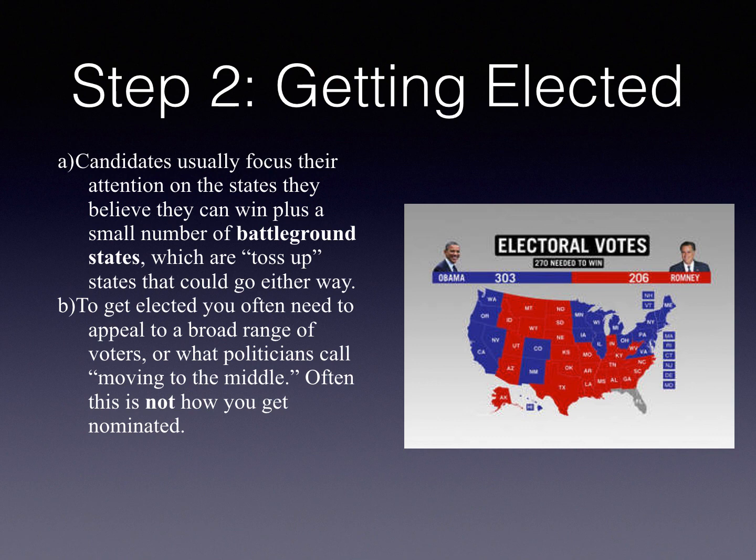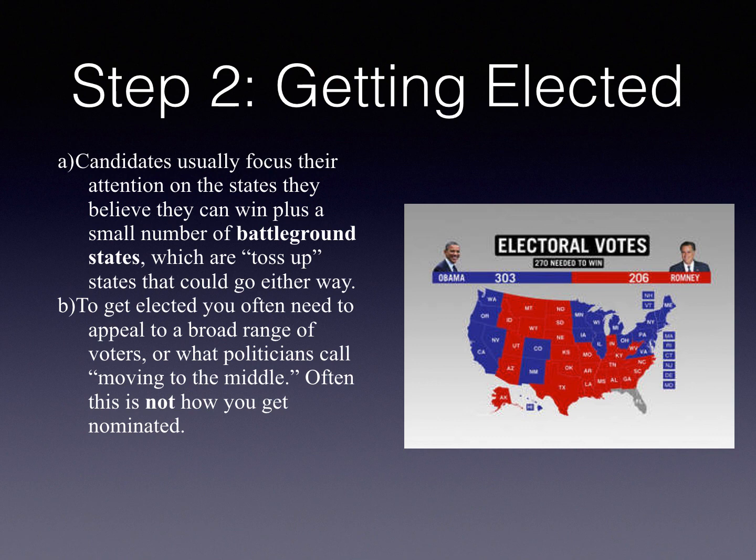Now, to get elected in what is called the general election, the Republican versus the Democrat, you really have to broaden your appeal. You have to open up your appeal to a wide range of voters. And politicians call this moving to the middle. And that's usually not how you get nominated.